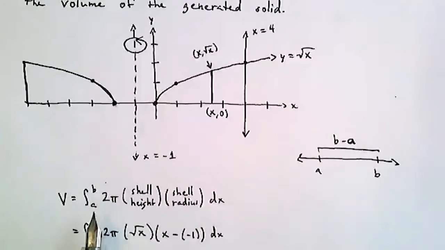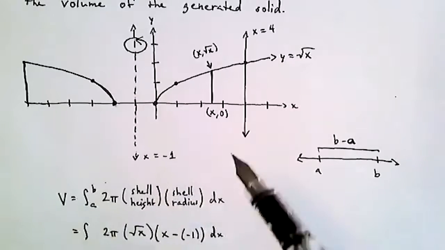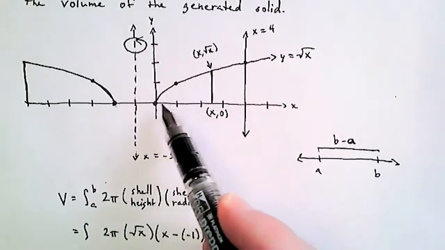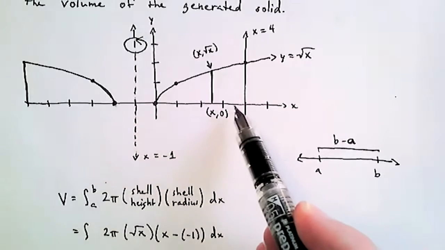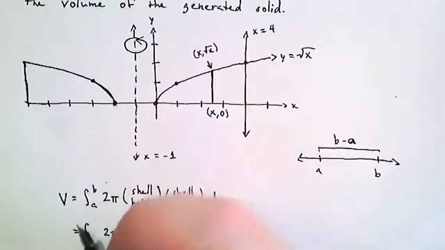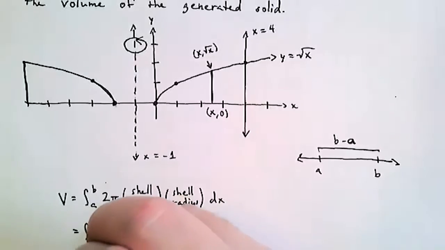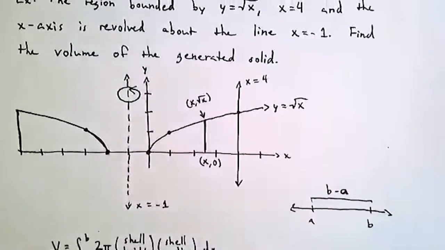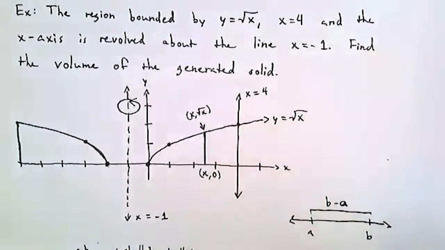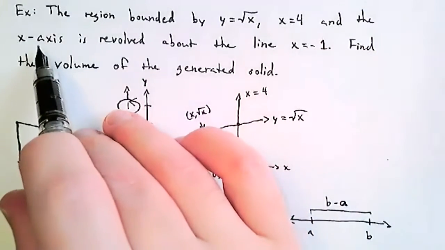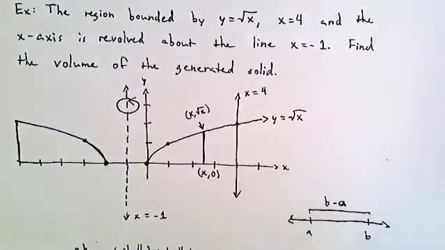We need our limits of integration. So we need to figure out what these limits are. 0 and 4. 0 to 4, good. And these were given to us in the problem. You don't actually have to do geometry for them because we know our bounds are x equals 4 and the x-axis, x equals 0.